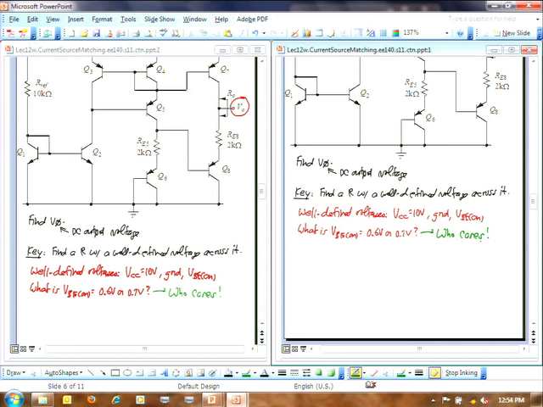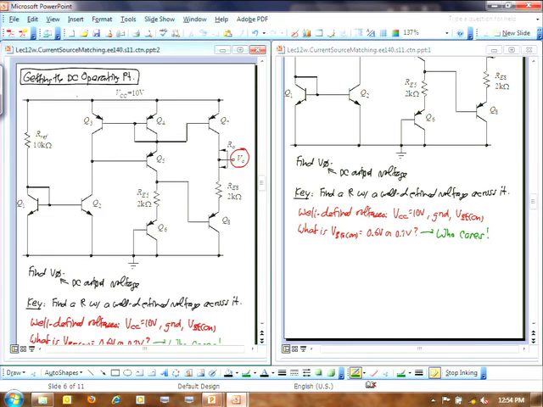So if someone doesn't give you VBE on, just assume something. I generally assume it's 0.7. Other people will assume it's 0.6. It's not going to change your answer too much, because you're looking at 10 volts at VCC. 0.1 volts out of 10 volts is nothing. Very small percentage there. So who cares what that VBE is there?